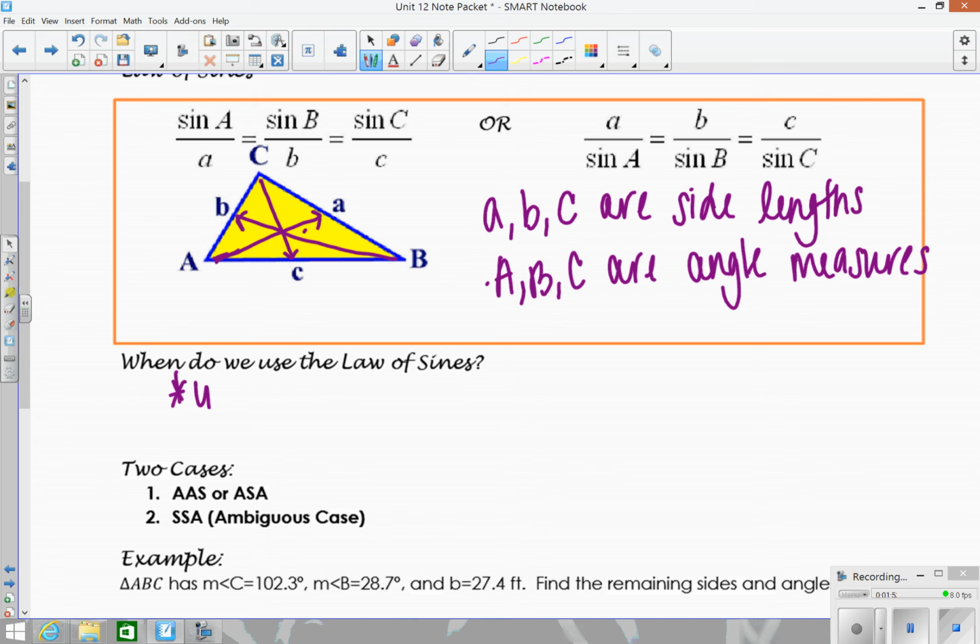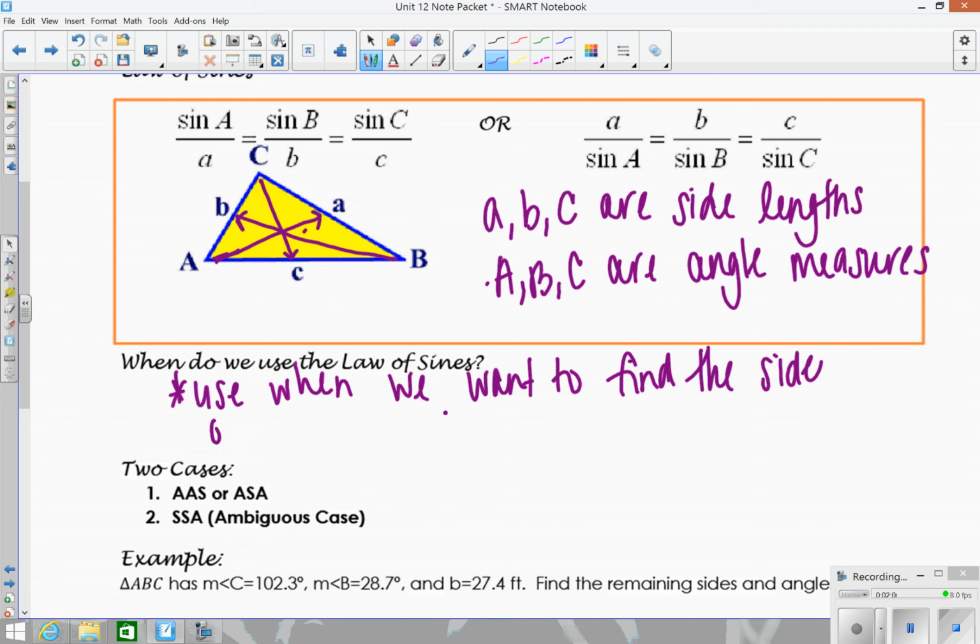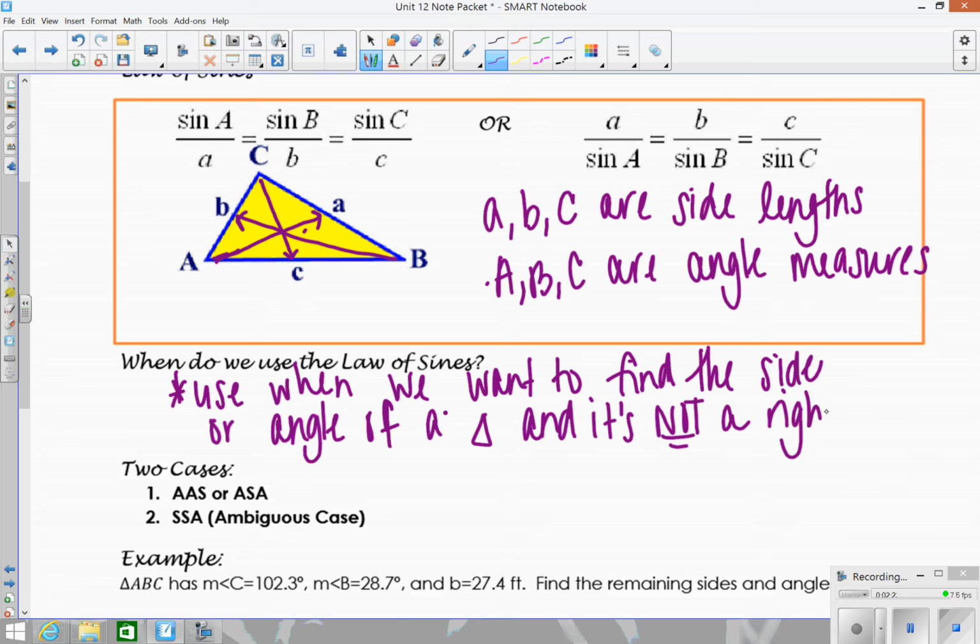So we need to be able to find an angle or a side, and we can use the law of sines.